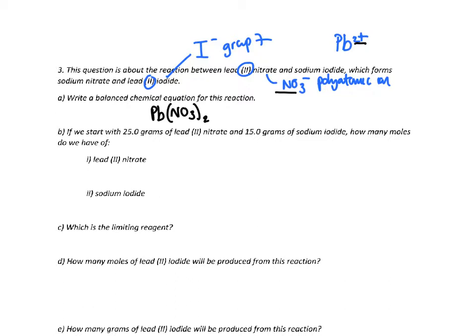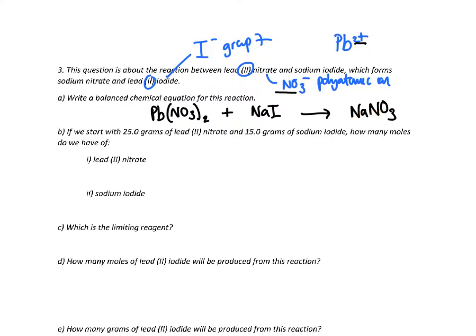This is then going to react with sodium iodide. Now sodium is in group 1, so it's going to be Na plus, and as we talked about up here, iodide is minus. This is then going to produce the two products, which is sodium nitrate, NaNO3, and this time Na is just a plus and NO3 is 1 minus, so therefore they're balanced.